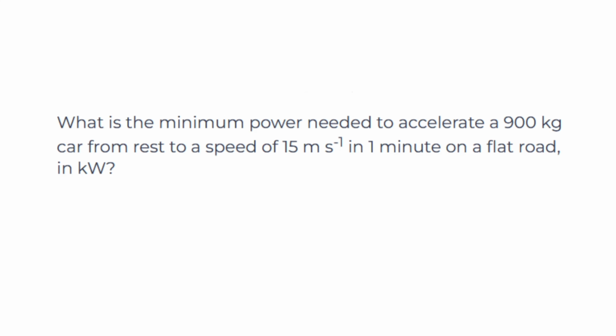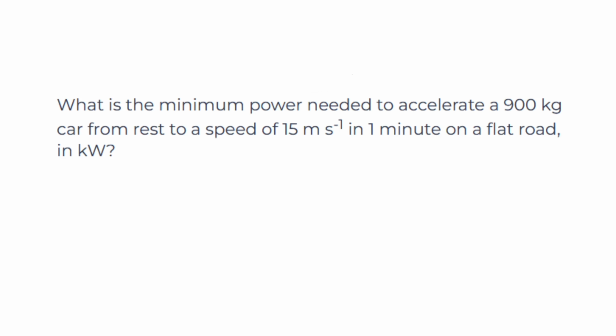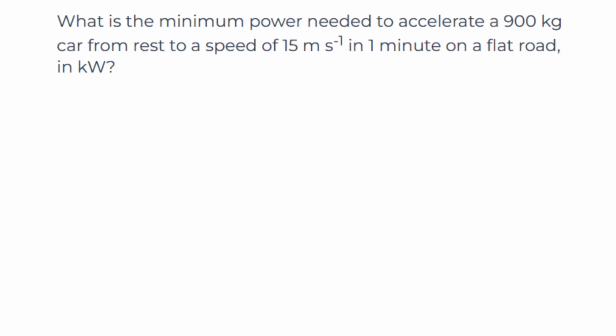Question 10. What is the minimum power needed to accelerate a 900 kilogram car from rest to a speed of 15 meters per second in 1 minute on a flat road, in kilowatts? Mass is 900 kilograms, and initial velocity, or Vi, is equal to 0 meters per second.